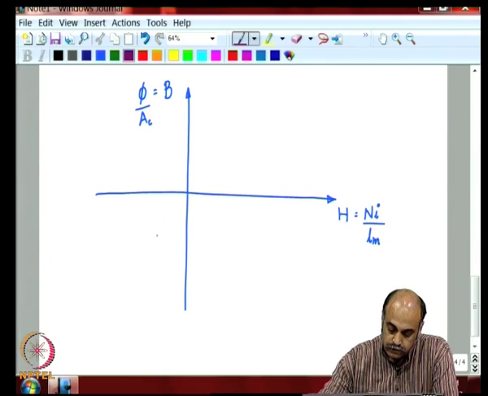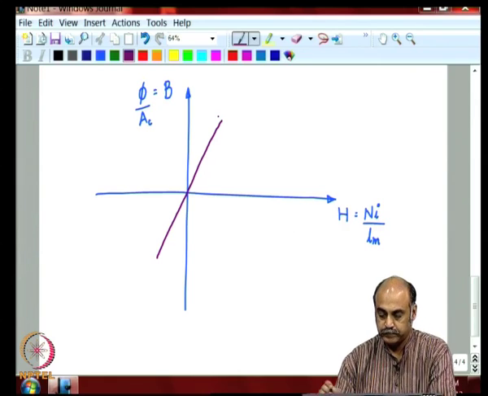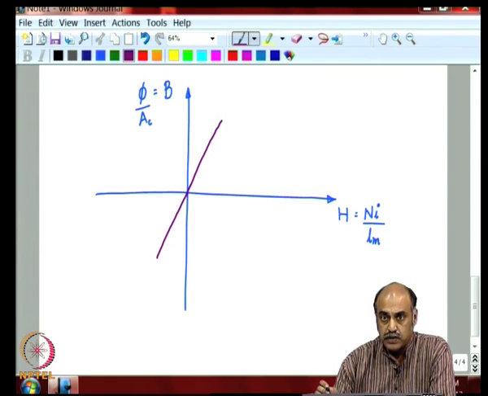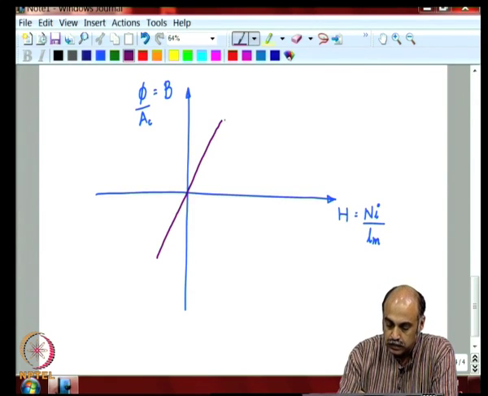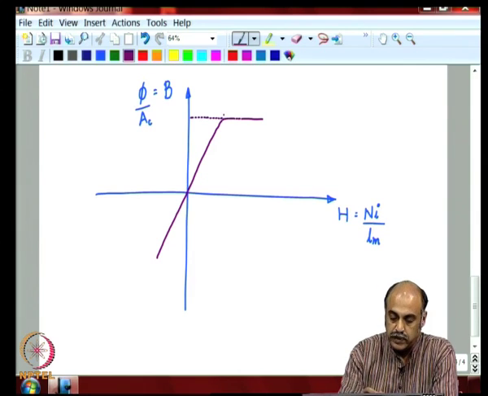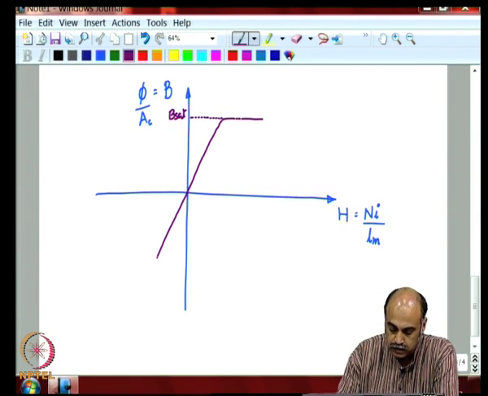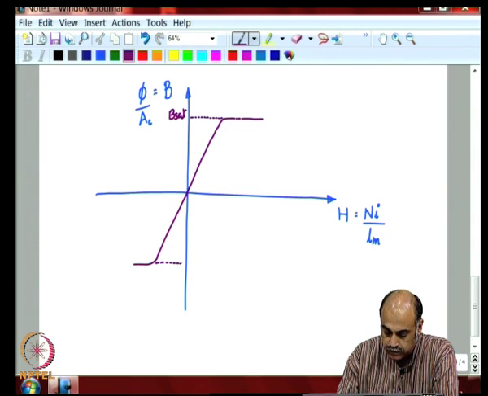Now, this would normally be a straight line like that, but it is not straight throughout. After some stage, the flux saturates and there can be no d phi by dt.